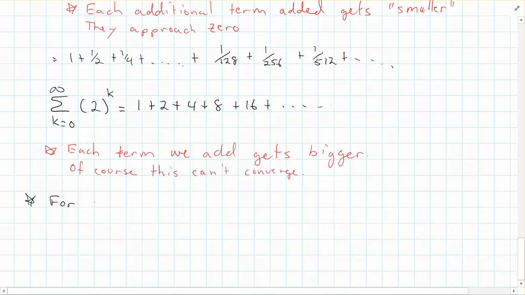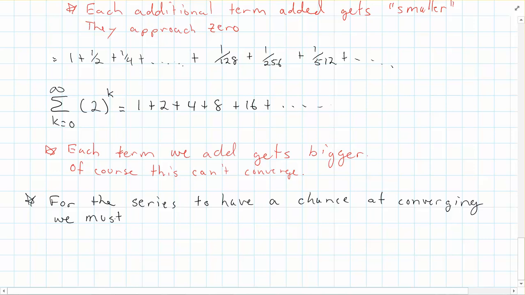For the series to have a chance at converging, we must have the limit as k goes to infinity of these terms, a sub k, equaling 0. In other words, what I am adding on has to get closer and closer to 0.